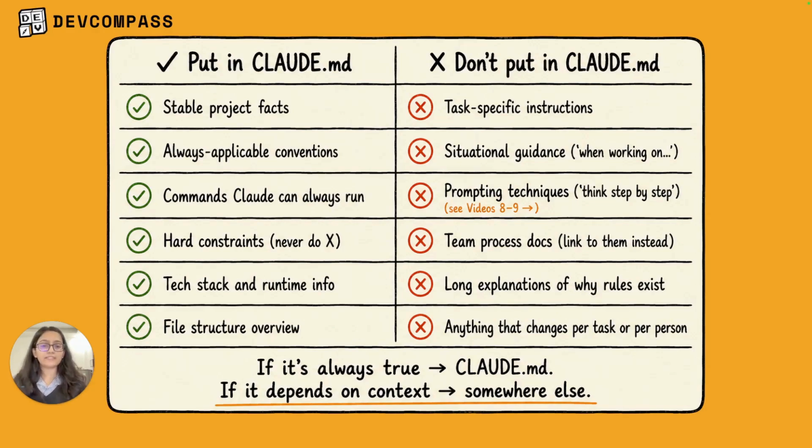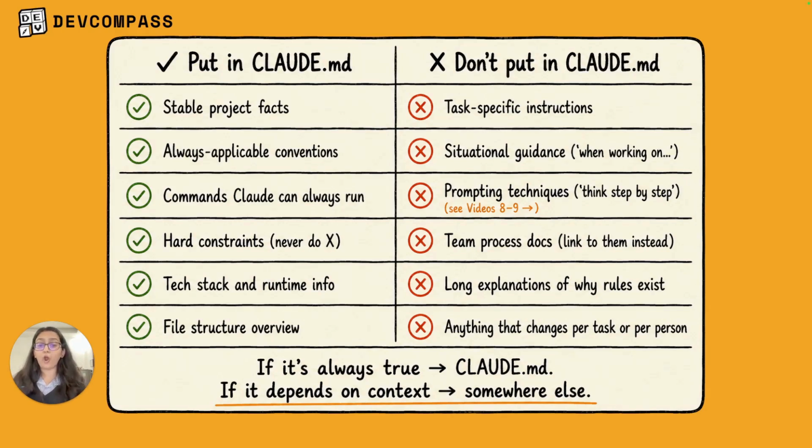Fifth, tech stack and runtime info belong in the markdown file. For example, Node 20, Express, PostgreSQL is clean and useful, fine. But long explanations of why rules exist do not belong in the markdown file. A three-paragraph explanation of why you chose PostgreSQL adds noise without really adding value. Sixth is file structure overview.